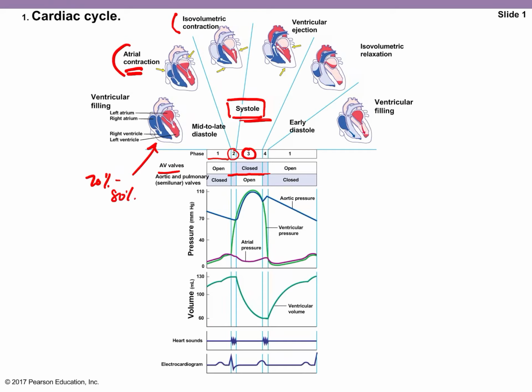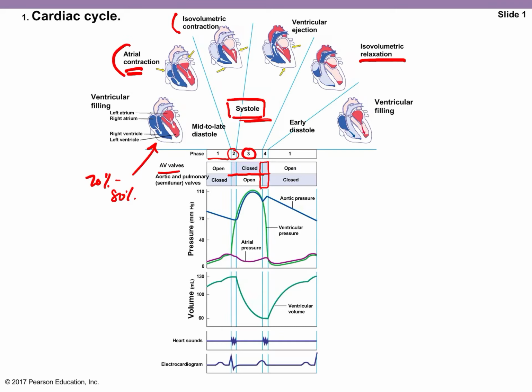In phase 4, the isovolumetric ventricular relaxation. Isovolumetric, again, just means that there's no blood traveling anywhere. The ventricles are relaxed, they're in diastole, and both of our valves are closed. So you can see here we have another situation where both valves are closed, so no blood is going anywhere.